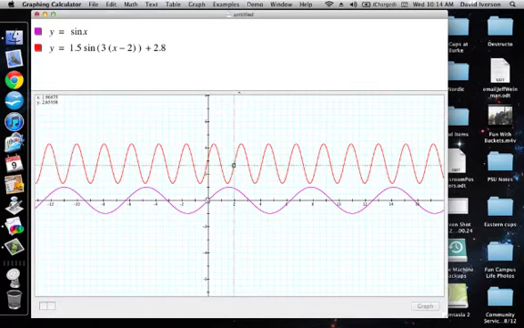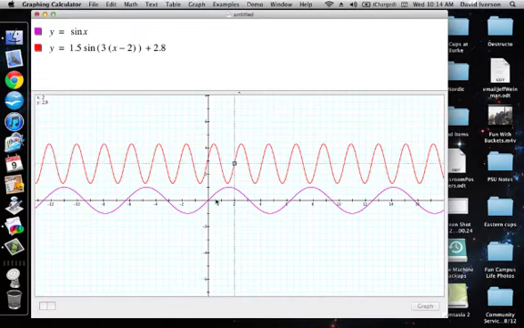It's going to take my point 0, 0, and shift it to the right by 2, which is right there, and shift it up by 2.8, which is right there.